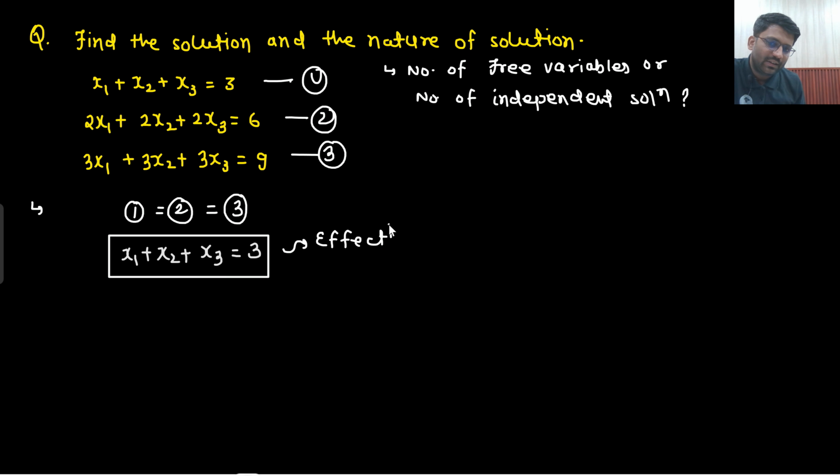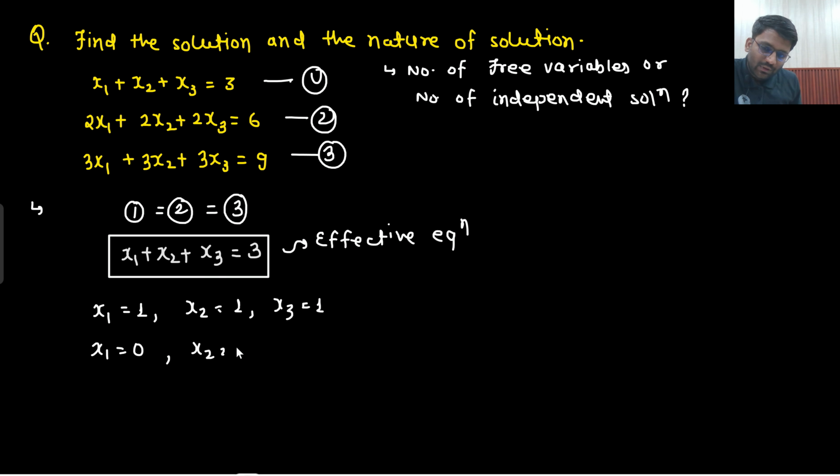Is that understandable to you? Now in this one equation, x1 plus x2 plus x3 equals 3. Someone would say, sir, I will keep x1 equals 1, x2 equals 1, then x3 would also be 1. Someone would say x1 equals 0, x2 equals 1, then x3 would be 2.